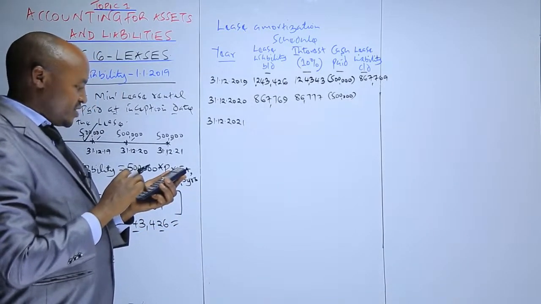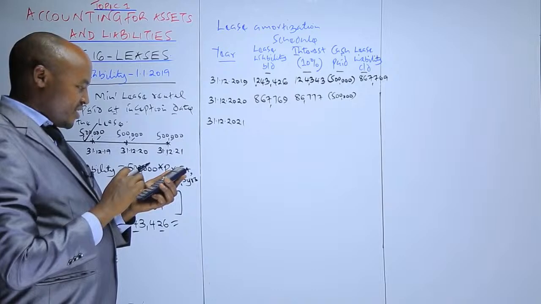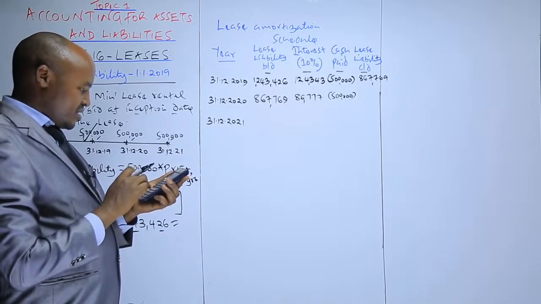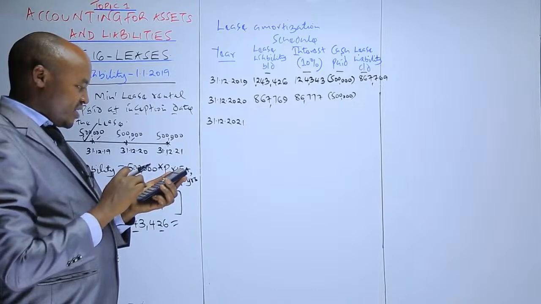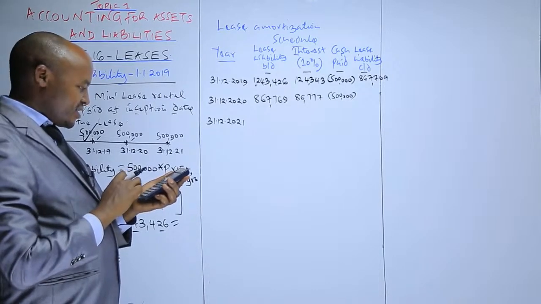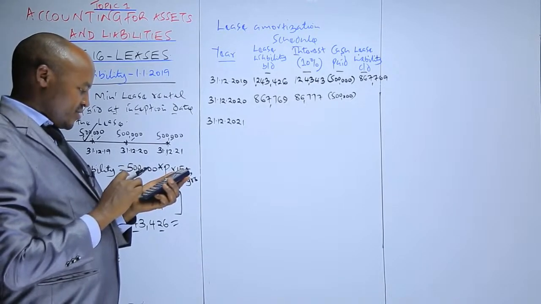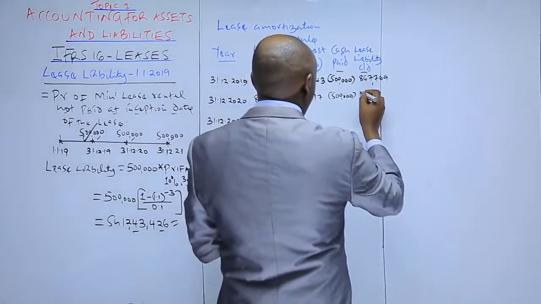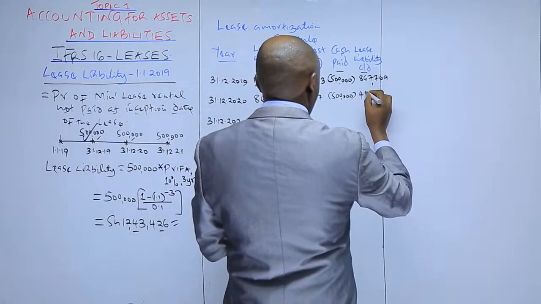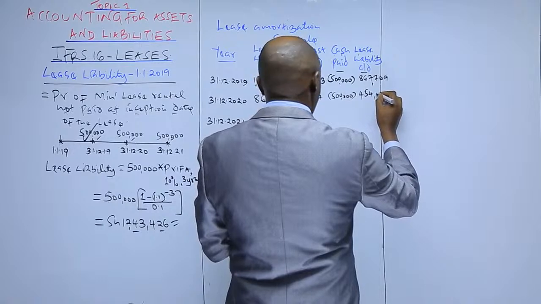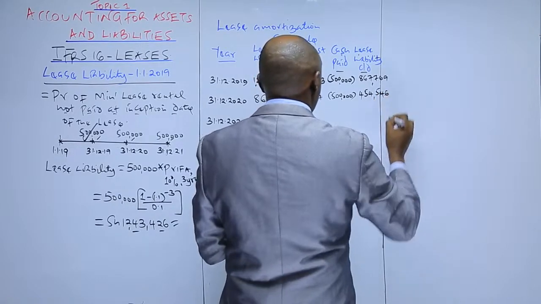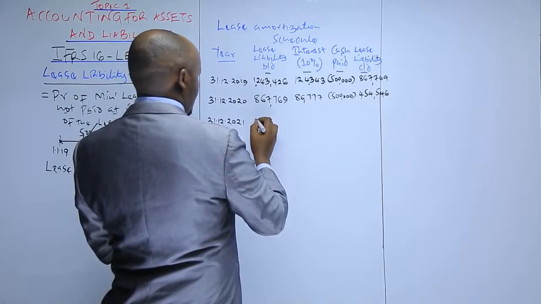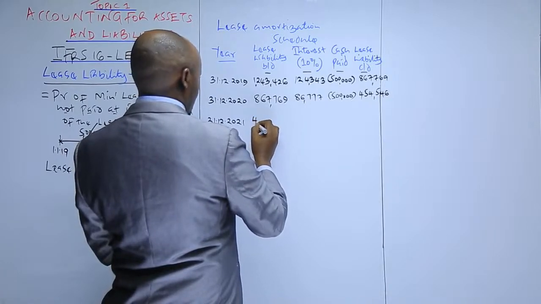We have 867,769 plus the interest, 86,777, minus 500,000, and that will give us a figure of 454,546, and that now will be the lease liability at the start of year 3.